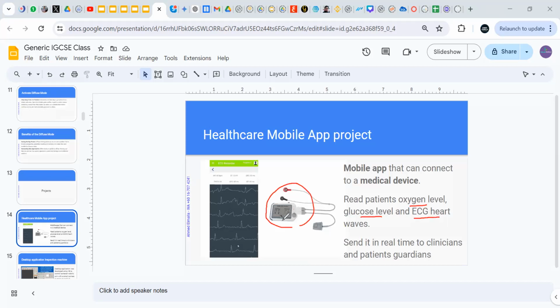The point here was that you don't need to bring a physician or a doctor or even a nurse to the patient, and this application imports all the data from the medical device and sends it immediately in real time to monitoring doctors and nurses. That's one of the things that I personally worked with.